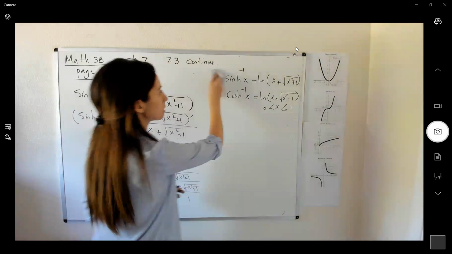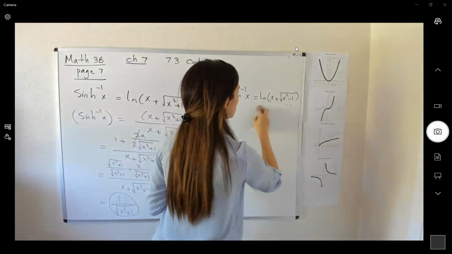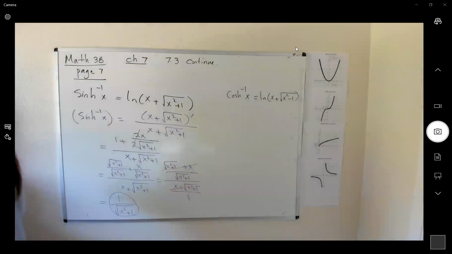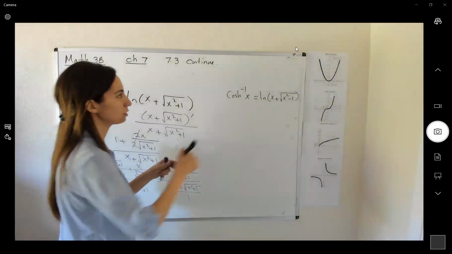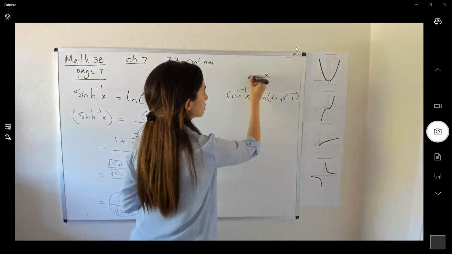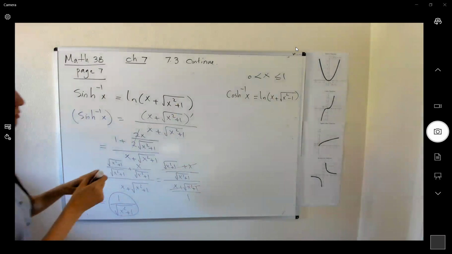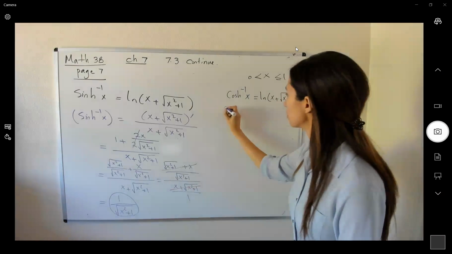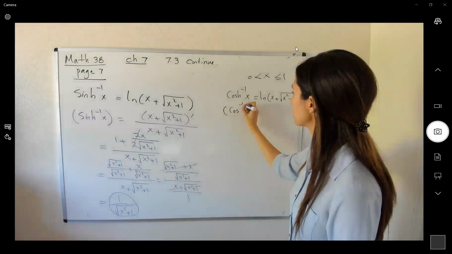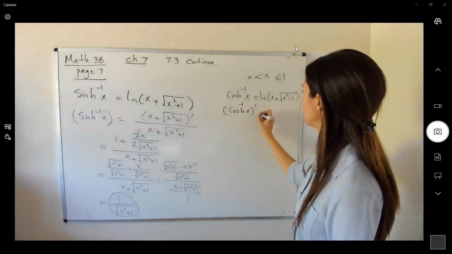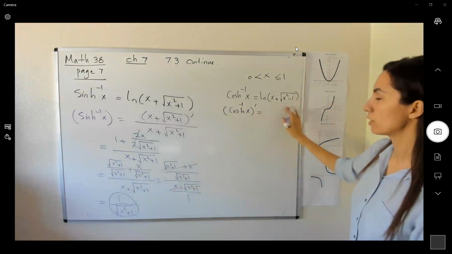Okay, with the same method, we can take the derivative of inverse hyperbolic cosine. So the derivative of inverse hyperbolic cosine is equal to the derivative of ln.